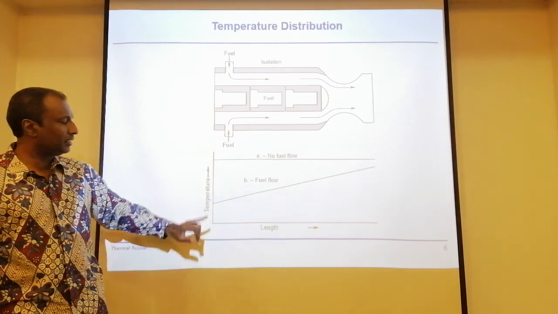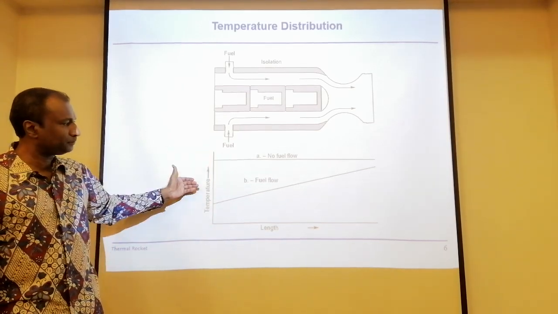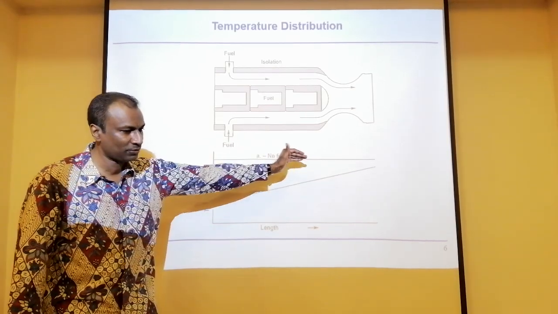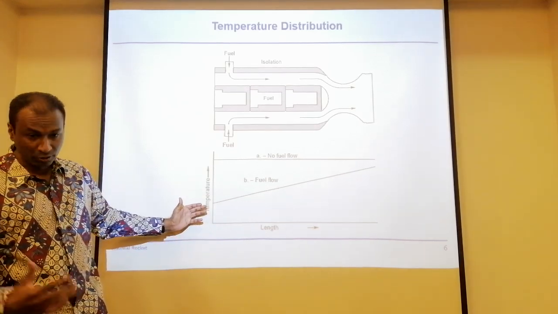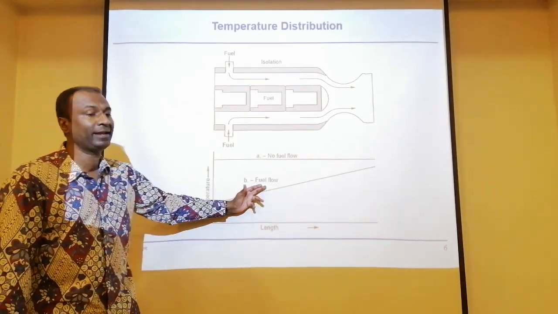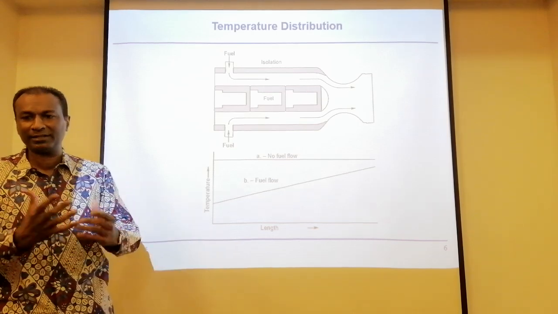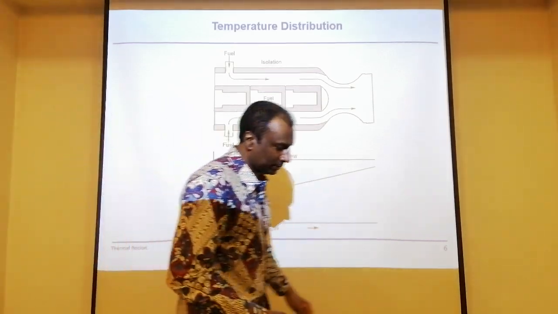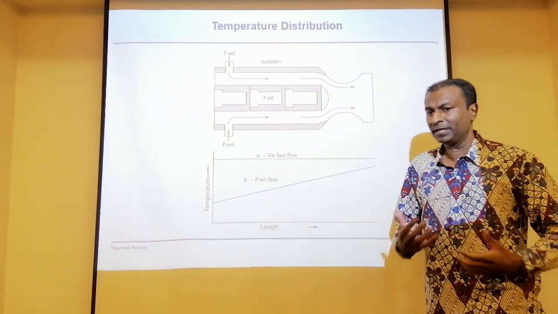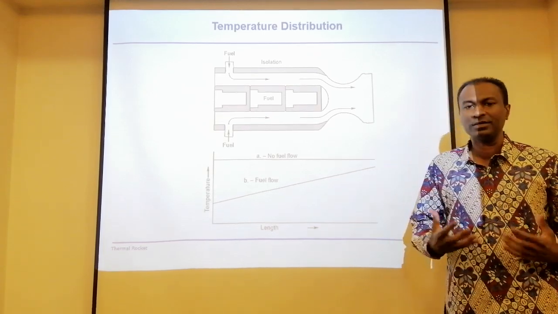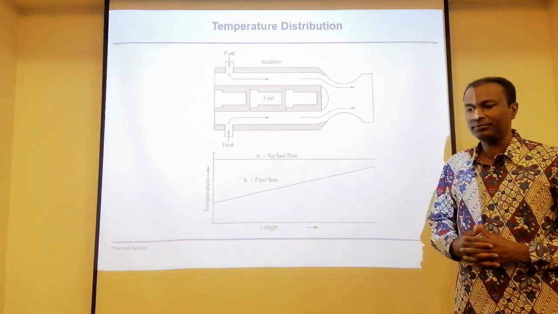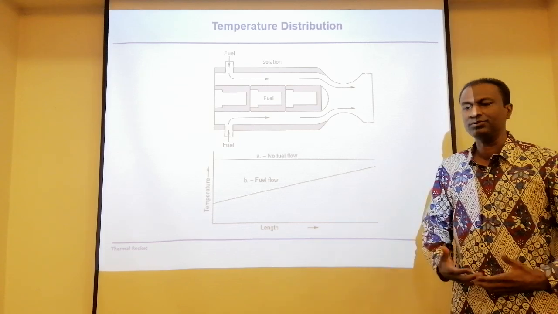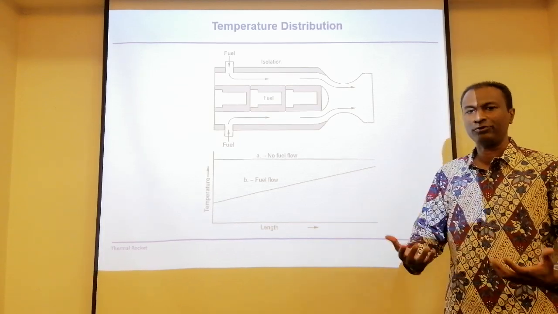When there's no fuel, the temperature is so high, but with the help of the fuel, you are not only cooling, but also preparing the fuel to be injected into the combustion chamber. So it's a win-win situation. You are not losing the heat, but reusing it to prepare the fuel before you burn the fuel.